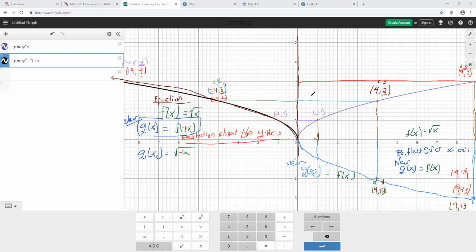But that's when you reflect over the y-axis. What about when you reflect over the x-axis? There is no change on the x value, so there's not going to be a multiplication of times -1 inside this function. But what is being multiplied by -1, Griselda? The x value or the y value?